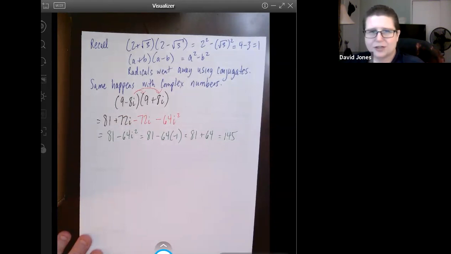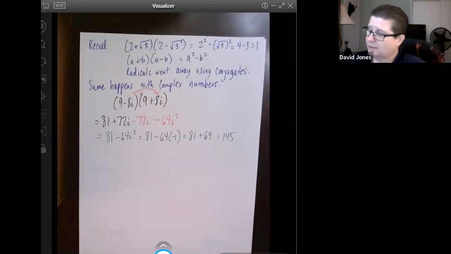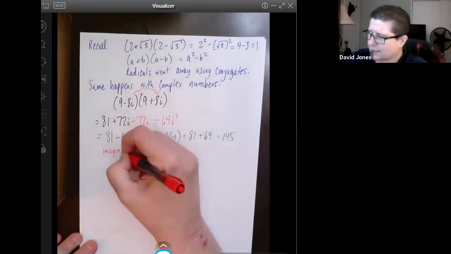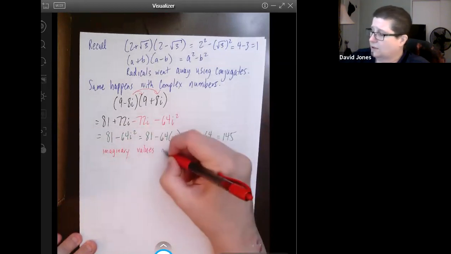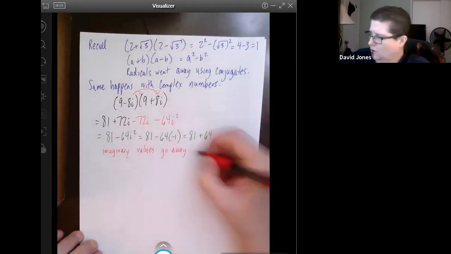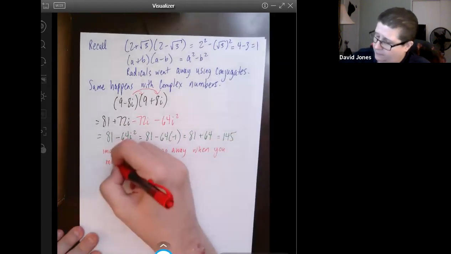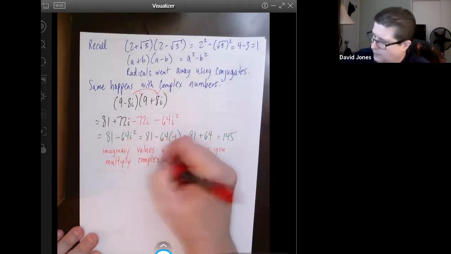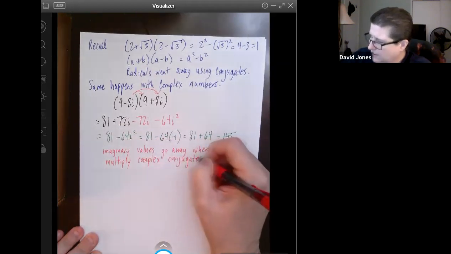Using the radical version, the radicals went away using the conjugate. Here, the same thing happens. The imaginary values go away when multiplying complex conjugates. And there is a formula.